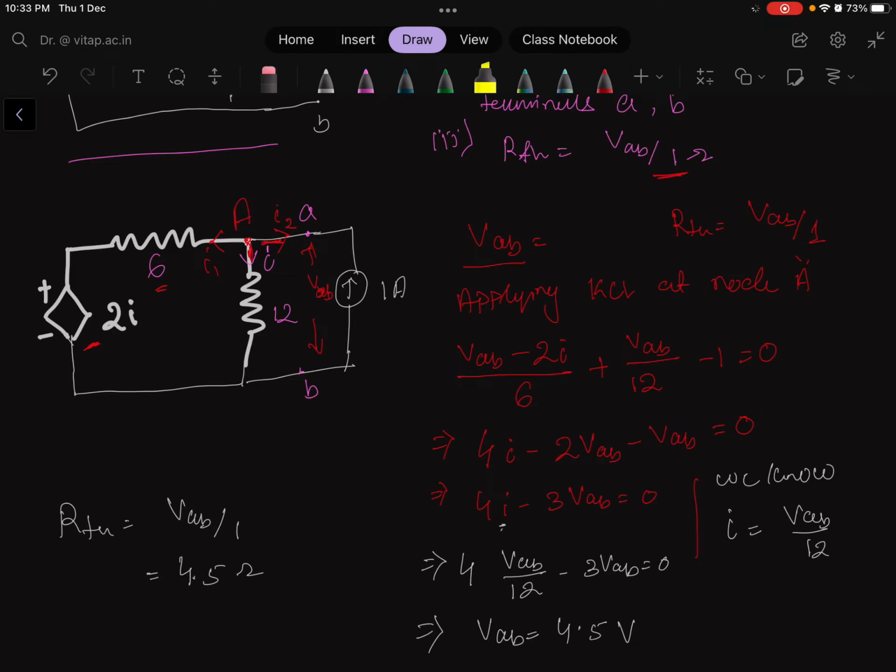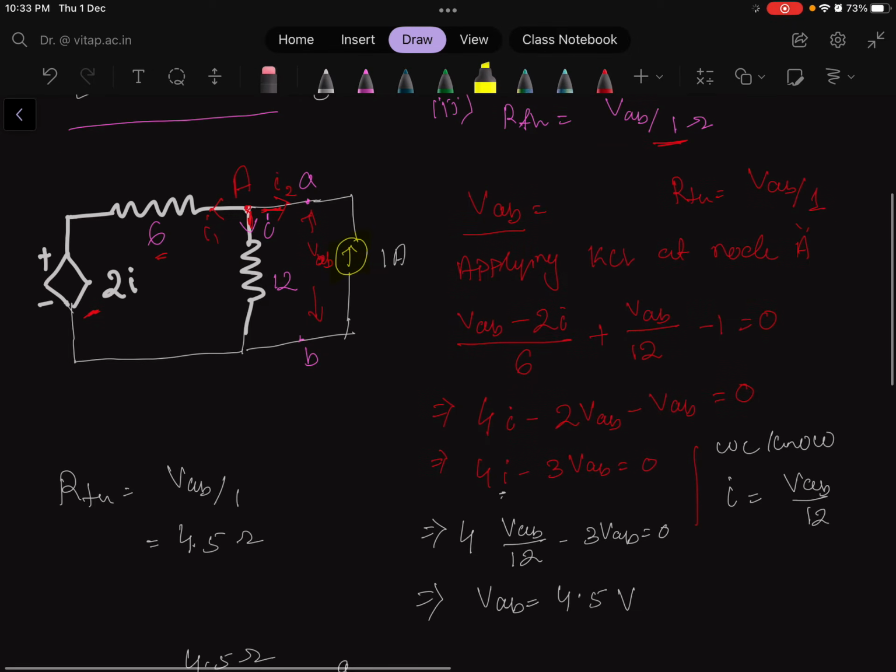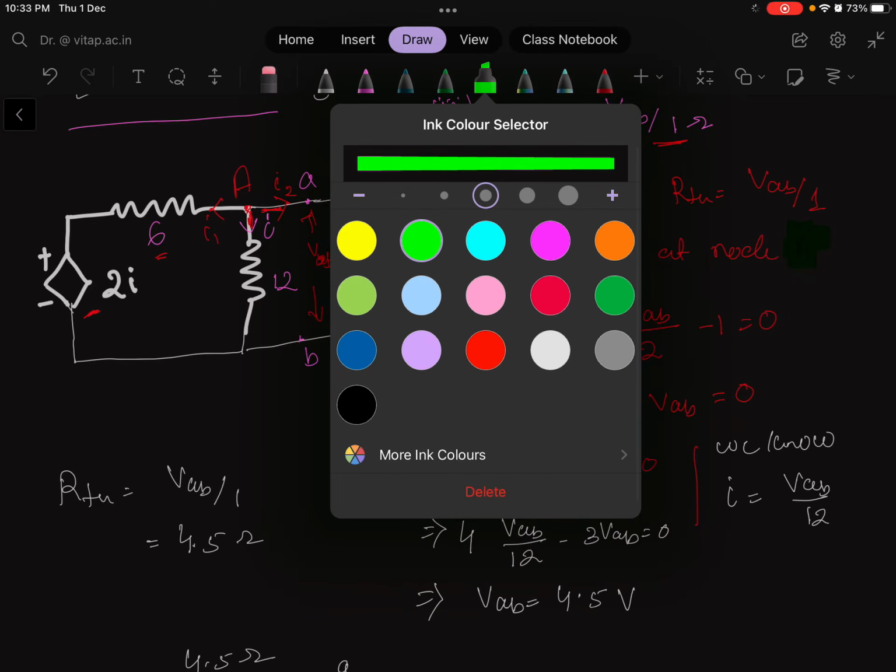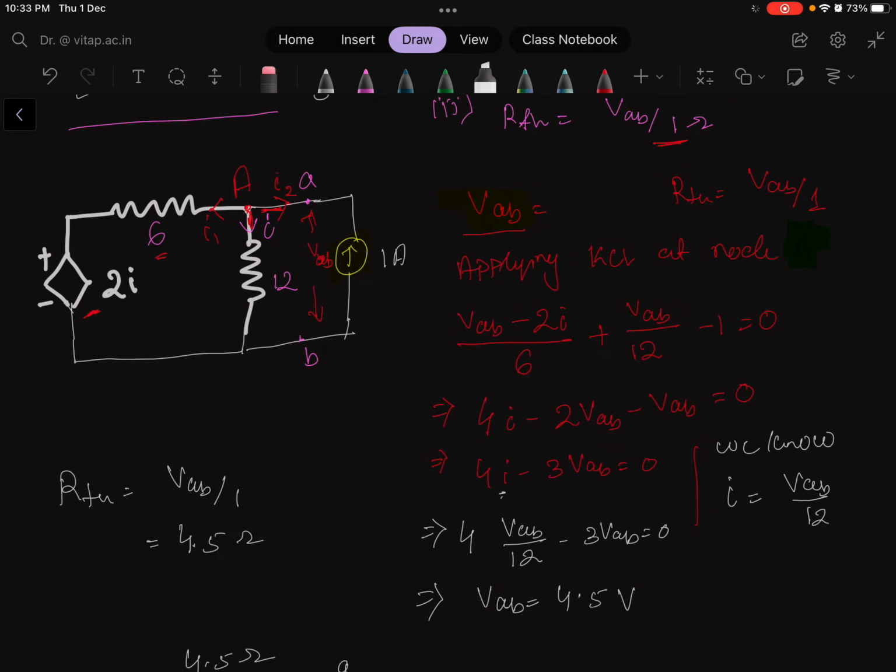I will just quickly recap what we have done here. First we connected this 1 ampere source, and then we calculated the value of VAB. To calculate that, we applied nodal analysis at node A and wrote the nodal analysis equation.